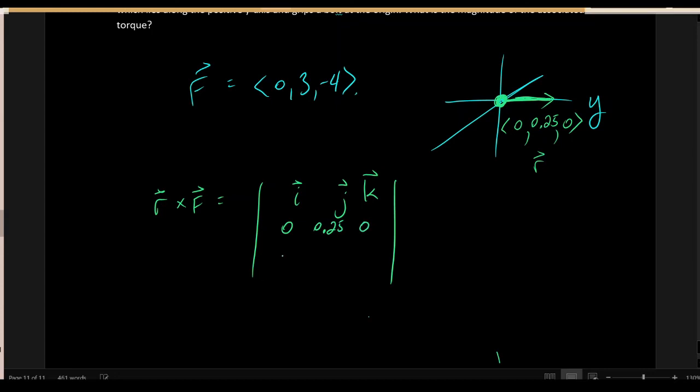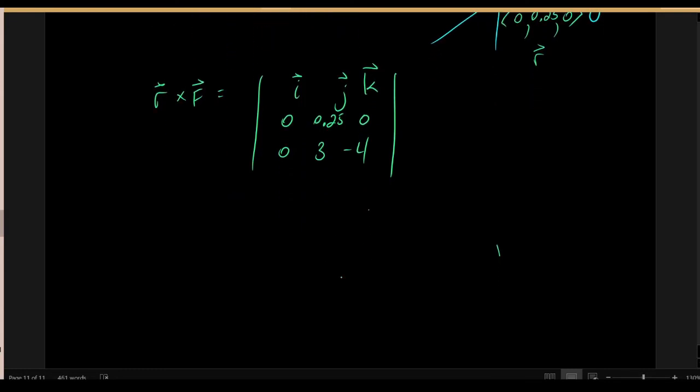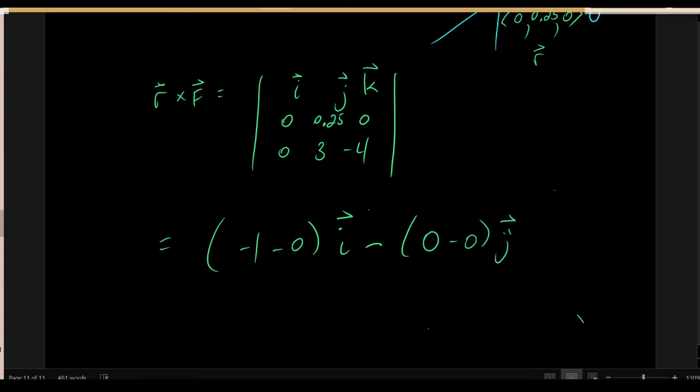Once again, I encourage you to pause the video and try to calculate this quantity on your own as practice for when you're going to have to do it in the exercises. So that vector is simply -1 in the x component, and everything else is 0.